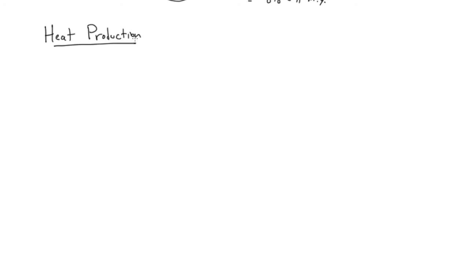Okay, so as long as we're talking about heat, diffusion, so due to radioactive decay, which we talked about earlier in the course, rocks heat up, and this is actually the main reason the Earth is still hot: the radioactive decay that continues on.